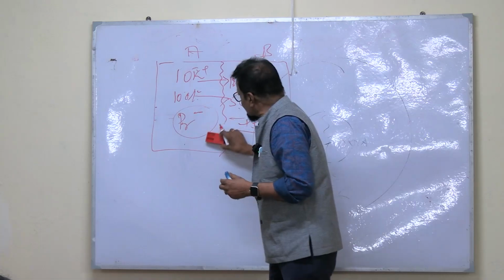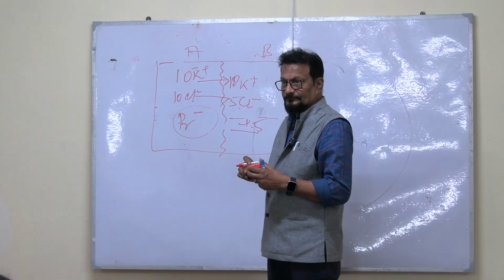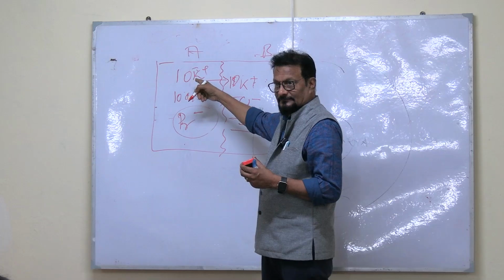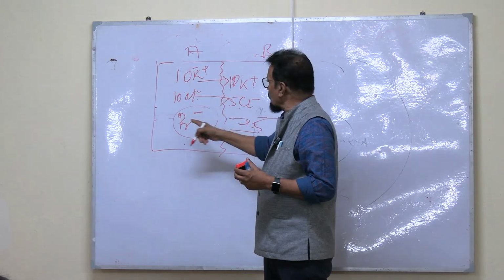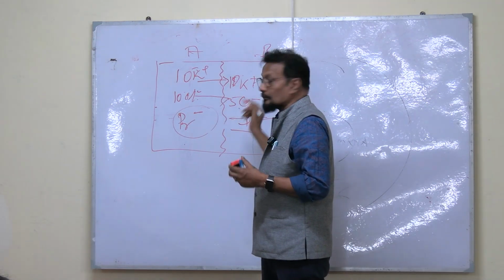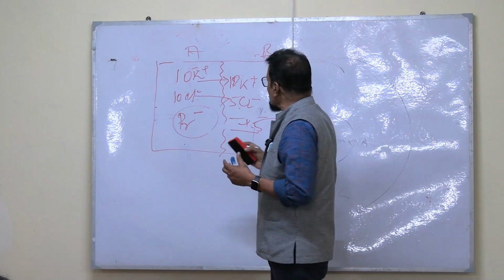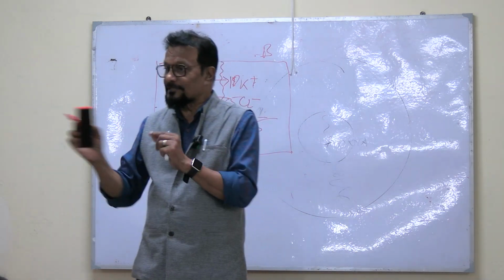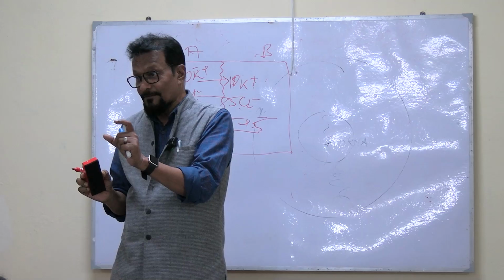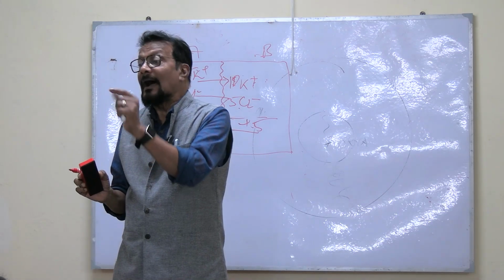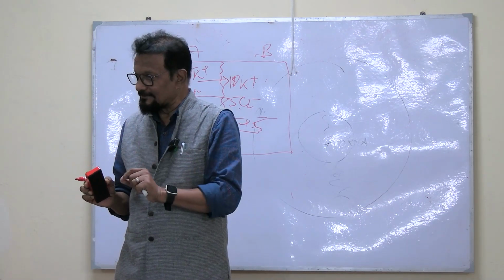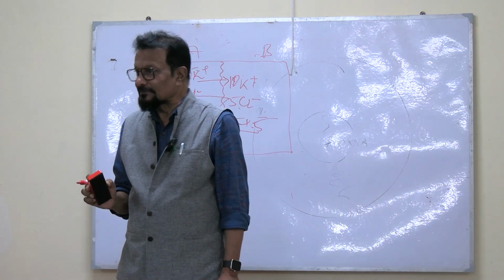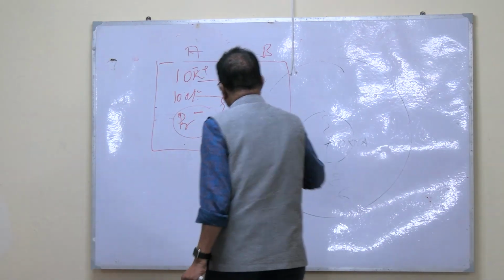Now, because of the presence of this ion, more cations will be accumulated here, and more anions will be accumulated here. So there will be unequal distribution of ions across the membrane because of the presence of non-diffusible ions. This is the Donnan effect.